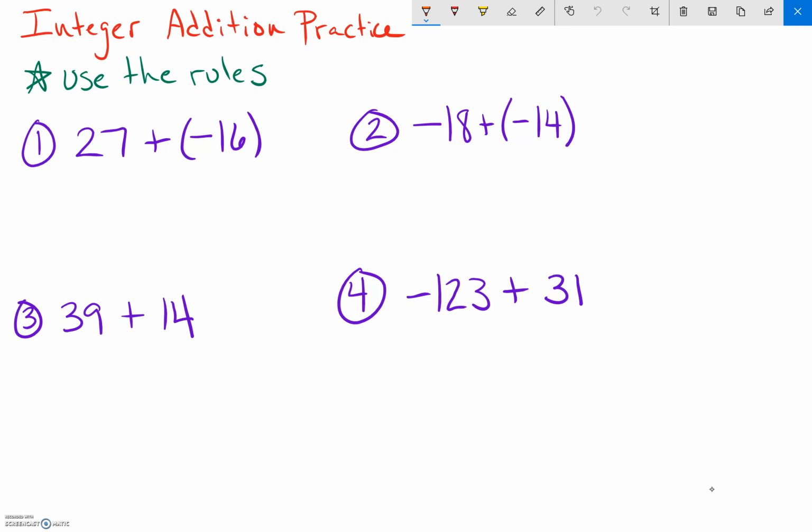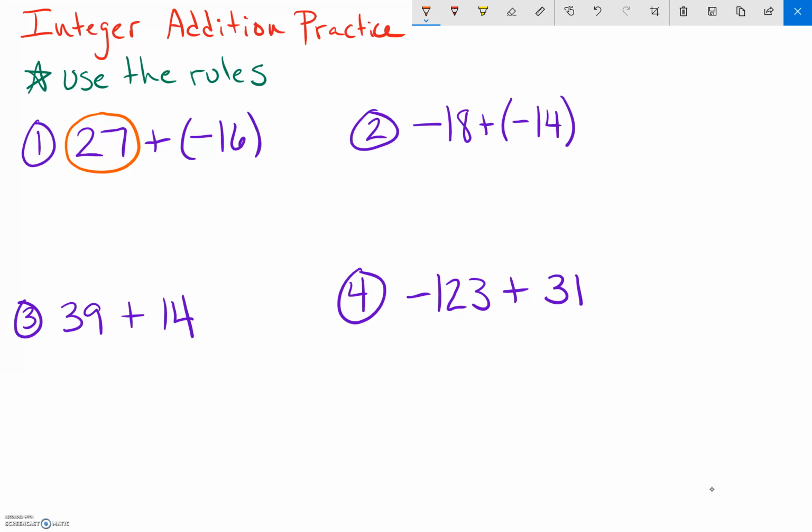Here's what you should have done. Number 1 says 27 plus negative 16. So you have a positive integer, 27, and you are adding a negative integer, negative 16. Our rule for that was you circle the biggest absolute value.